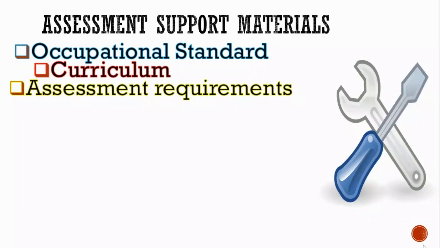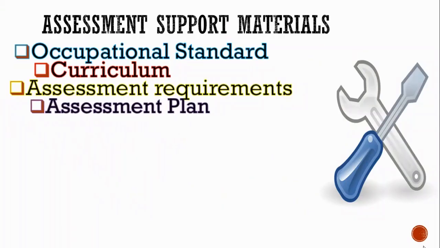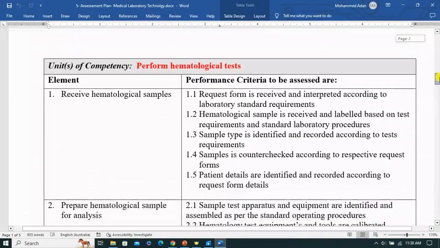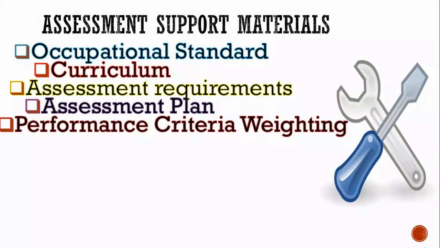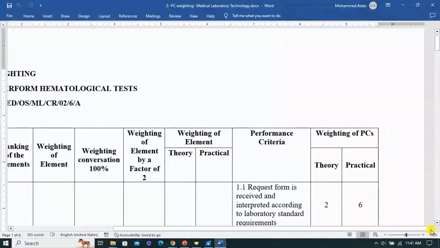And you need to develop assessment requirements, and we will be unpacking this again. You also need to develop an assessment plan with your learners, so you need to plan your assessment early in advance. Then there is performance criteria weighting, which will help support which performance criteria has more weight than the other in terms of marks allocation.